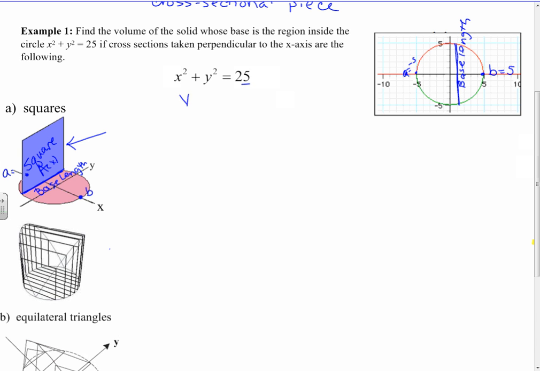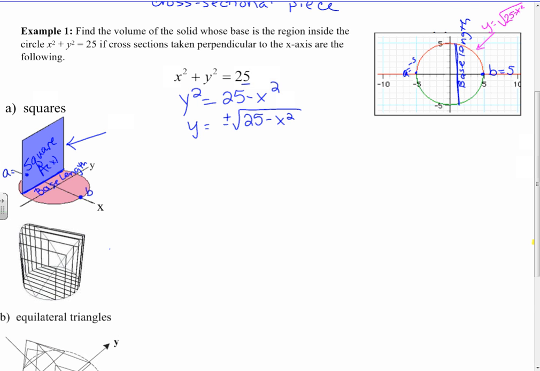I'm going to solve this for y. I'm going to have y squared equals 25 minus x squared. Square root this, and y is equal to plus or minus the square root of 25 minus x squared. Why the plus and minus? Well, the plus and minus are necessary because the red part of my circle, the upper portion of the circle, would relate with y equals the positive square root of 25 minus x squared.